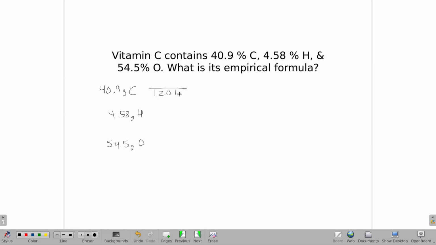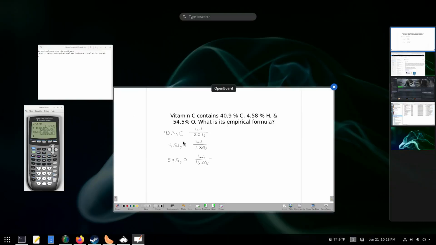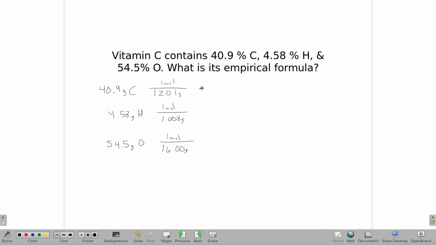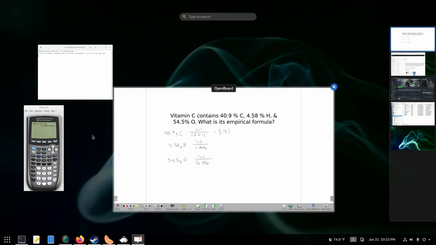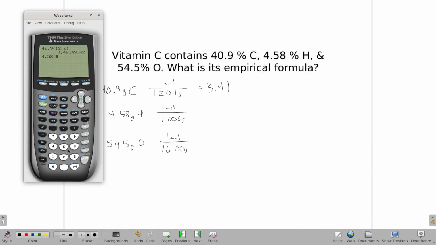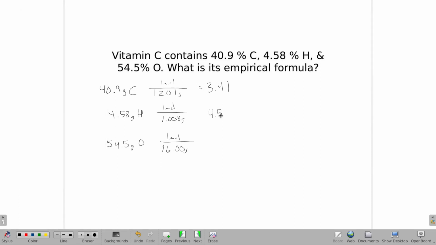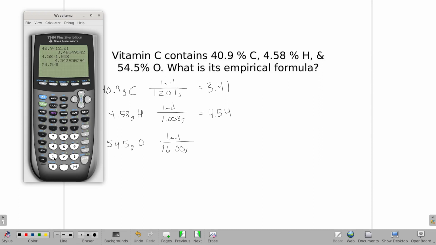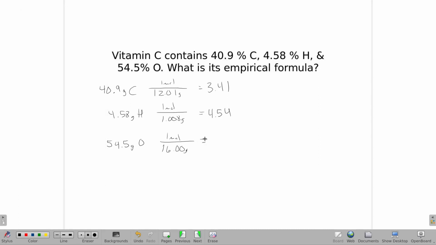And then I'm putting here the molecular weight for each one of these. So 3.41, 0.54, and 3.41 again.